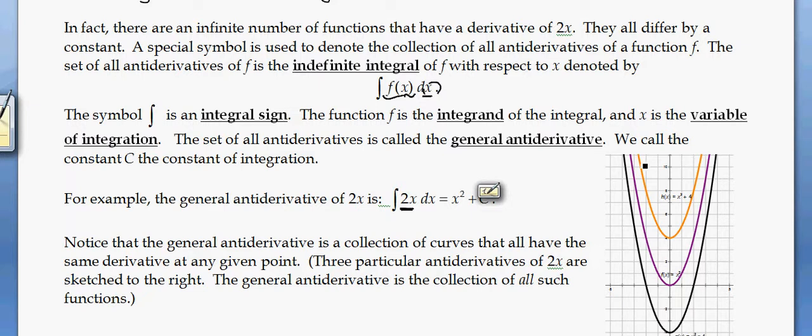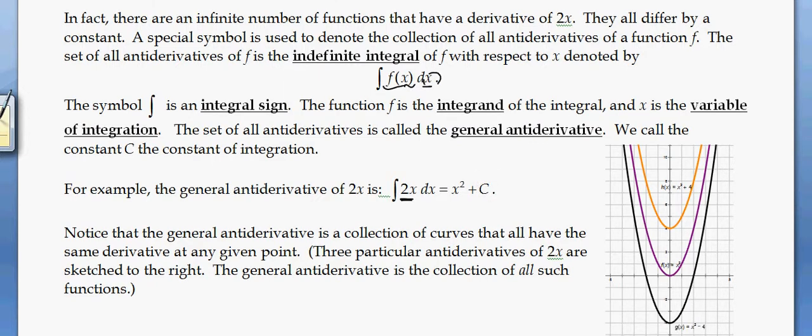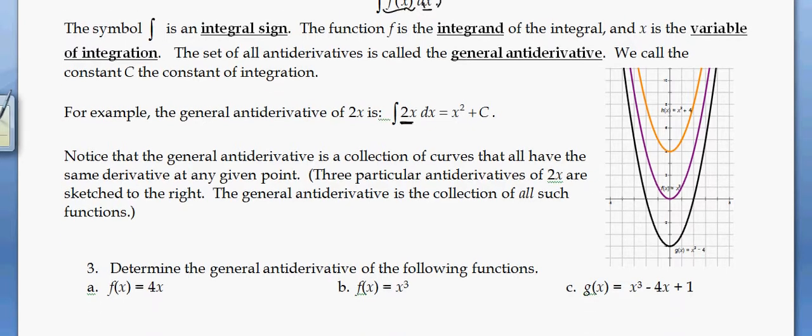Graphically, we see that this is a whole family of parallel curves that differ by a constant. The purple here is the x squared function. If I shift it up 4, that would be another function that has a derivative of 2x. If I shift it down, that would be another function that has a derivative of 2x. So all of these curves have a derivative of 2x. If you think about a particular value, say at 0, notice that they all have a horizontal tangent line there.